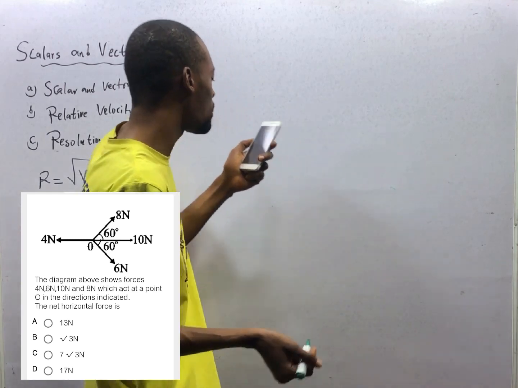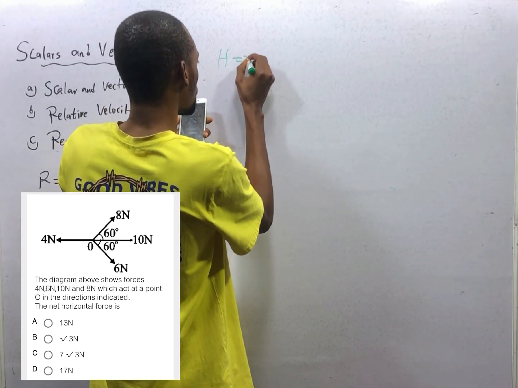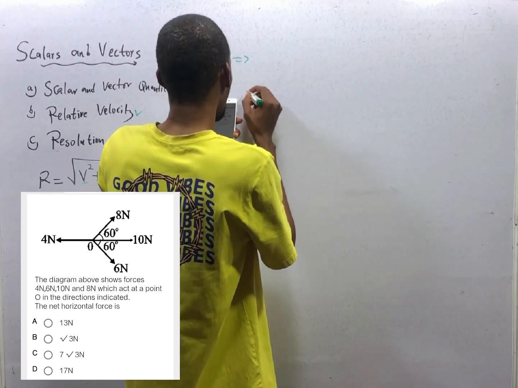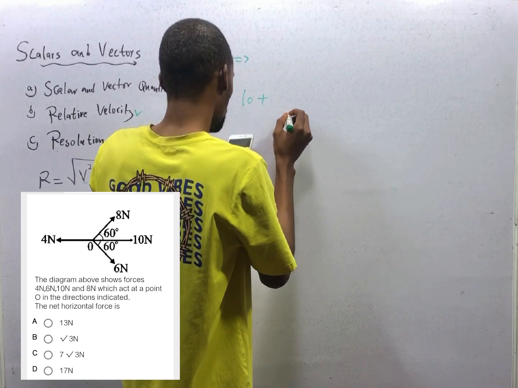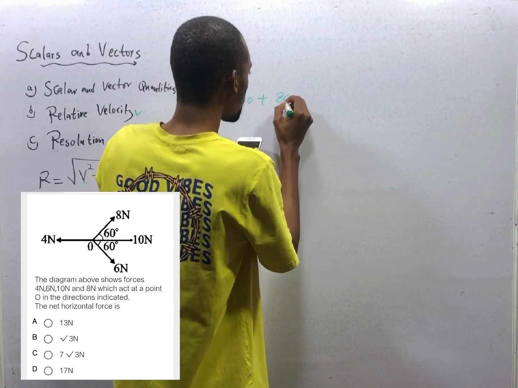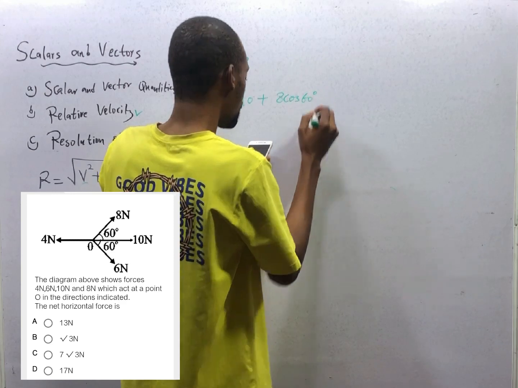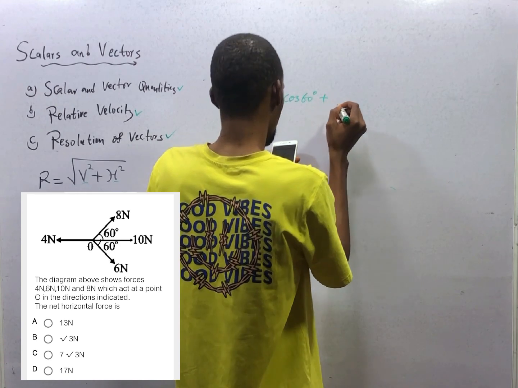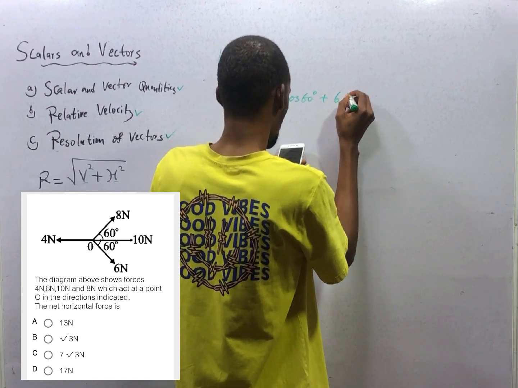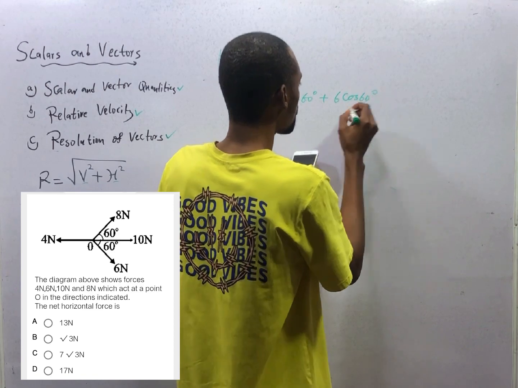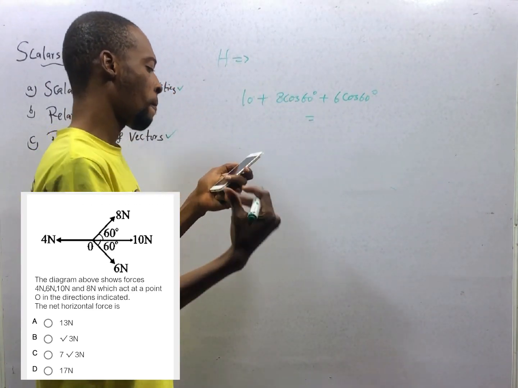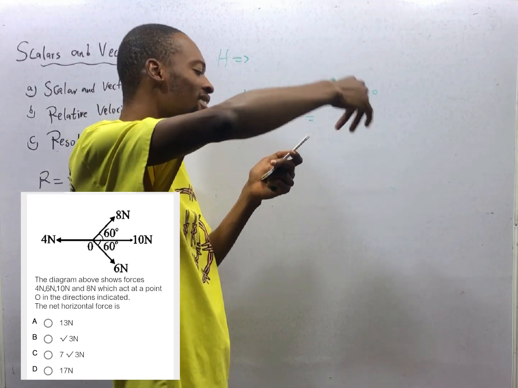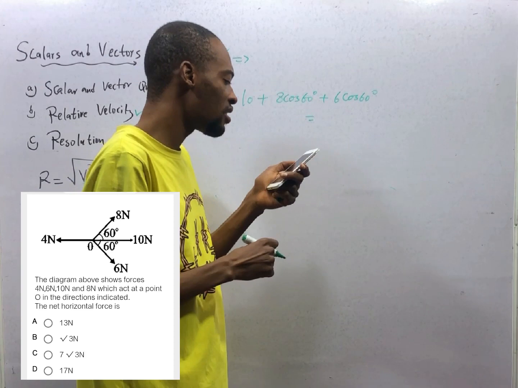So the horizontal force will simply be the ones acting in the same direction: 10 Newton plus 8 cos 60 degrees plus 6 cos 60 degrees, because 6 cos 60 degrees is acting in the same direction as 10 Newton. 8 cos 60 degrees is acting in the same direction as 10 Newtons.